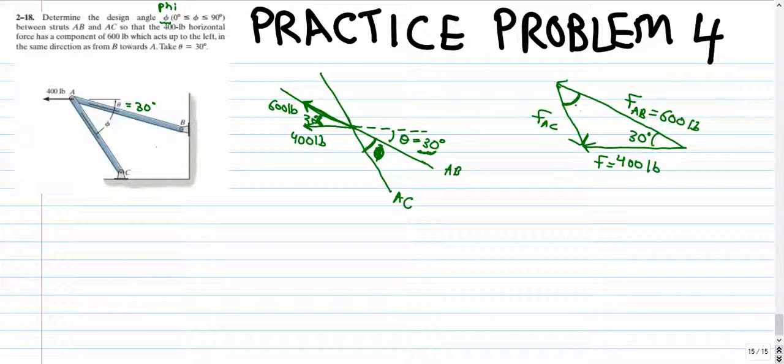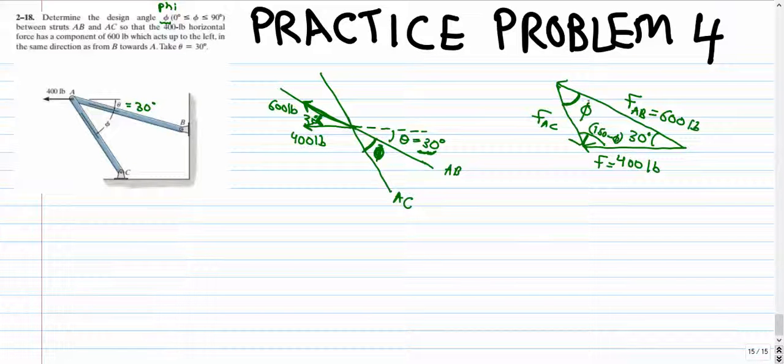So this angle should be phi. Lastly, this angle should be just 180 minus phi minus 30 degrees, in other words, 150 minus phi degrees.